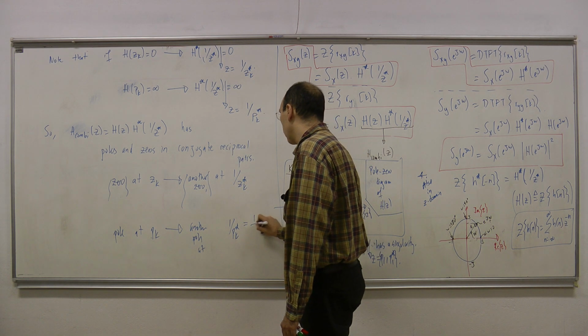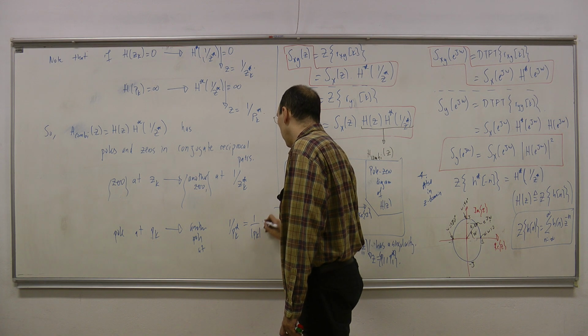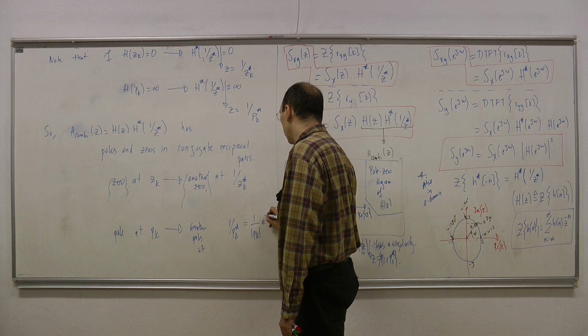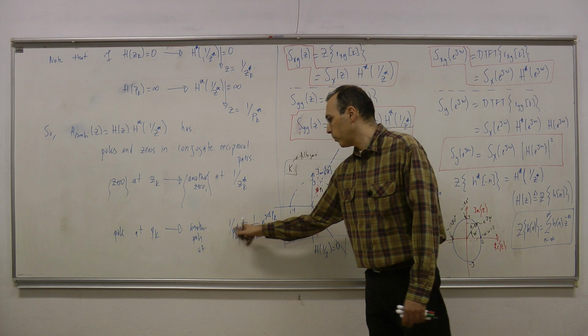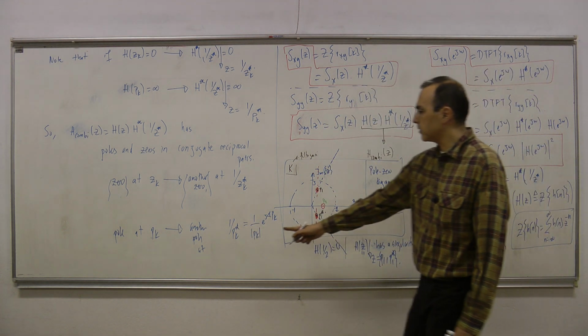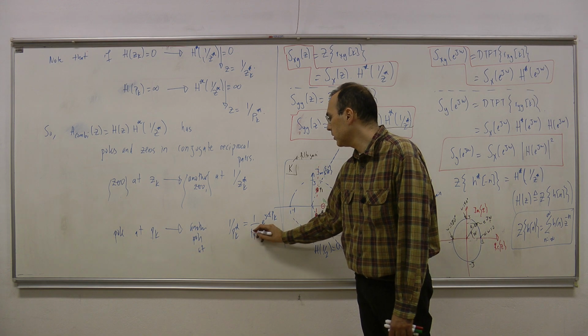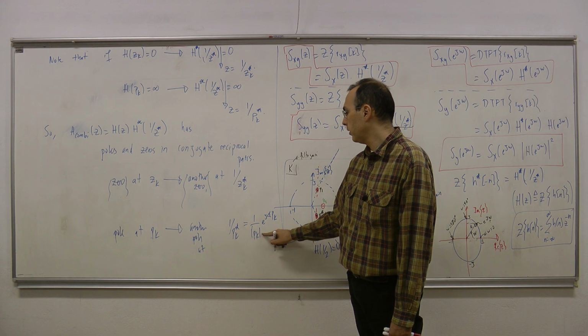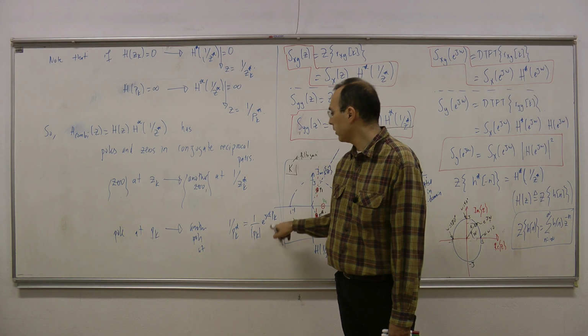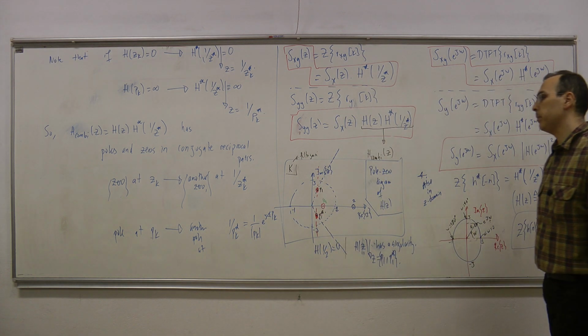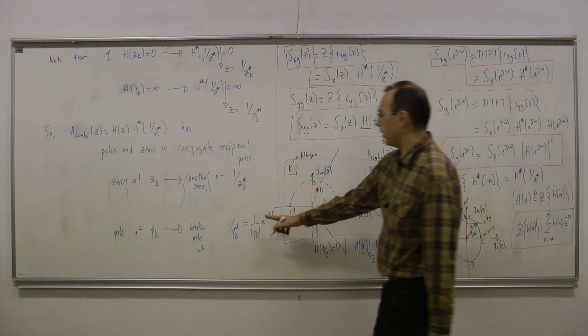So how do I write this? 1 over magnitude of pk, and this is angle of pk. Because pk is a complex number, so this is the magnitude of that complex number. There is an angle over here, but the angle is conjugated. It's at the denominator, so you move the angle up with plus sign.